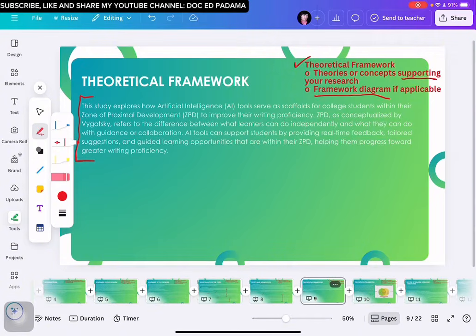As much as possible, you have to establish the relationship or relevance of this theory to the research that you are conducting. And then the second part is supposed to be the framework or diagram, if applicable.